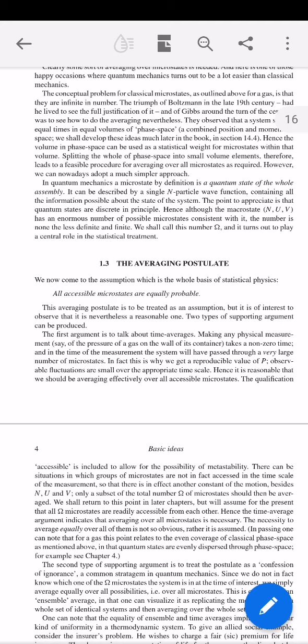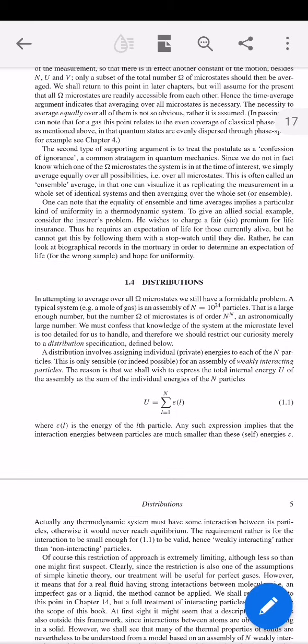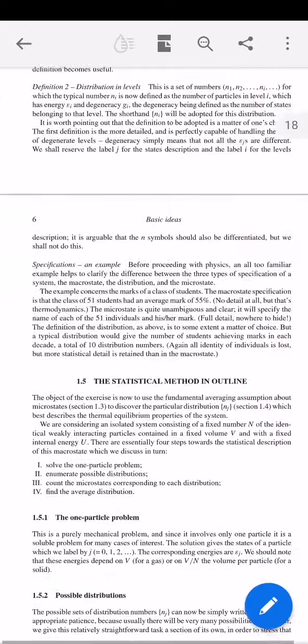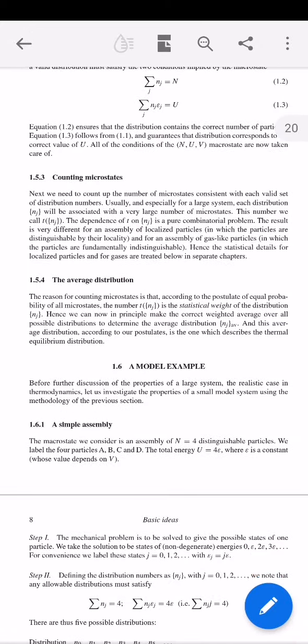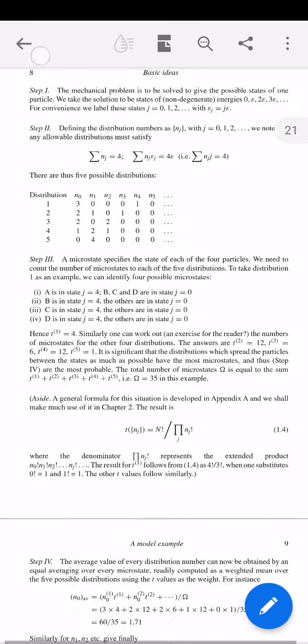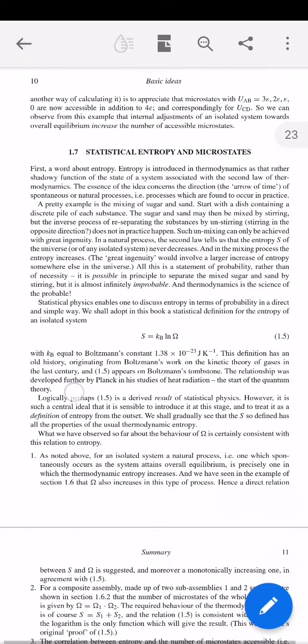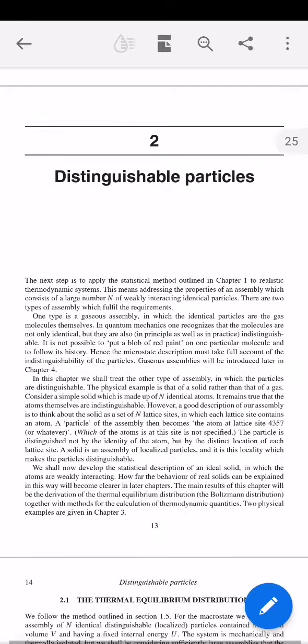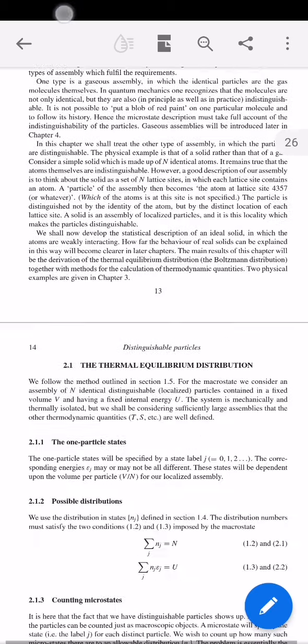So it's an equiprobable distribution for microstates, variability, and then distribution method and outline, counting microstates, average distribution, model example, composite assembly, statistical entropy, microstates, and chapter 2 is now about distinguishable particles, carrying on from chapter 1.